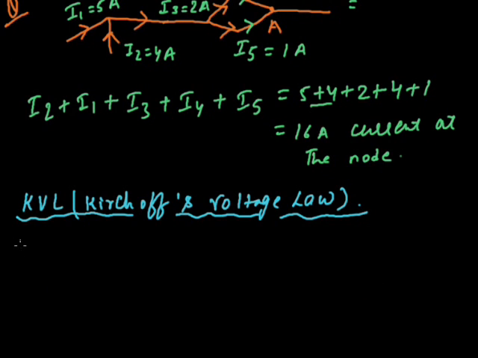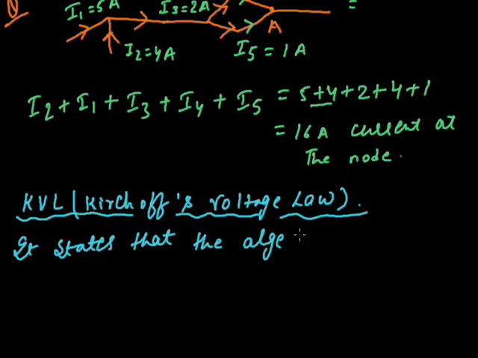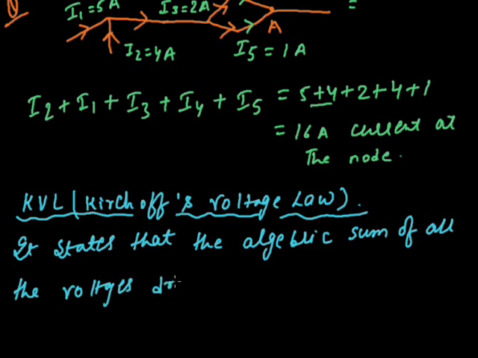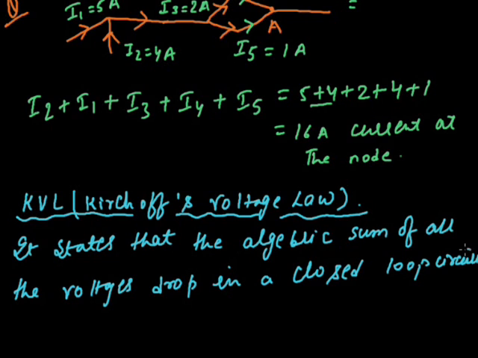It states that the algebraic sum of all the voltages dropped in a closed loop circuit is always equal to 0.